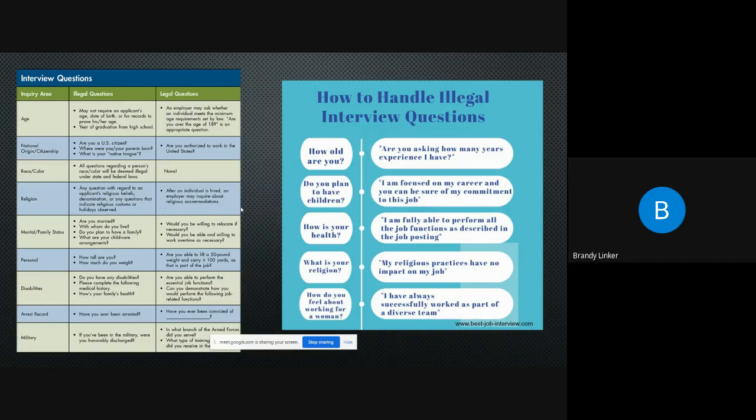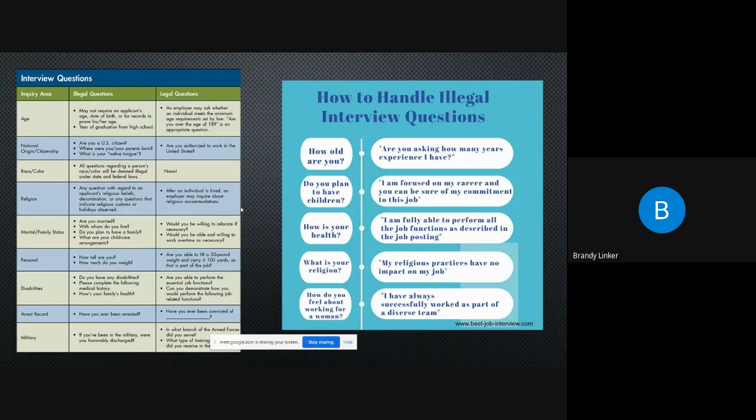You can't ask about disabilities. Now, a lot of applications will have a disability section where you could voluntarily provide disabilities if you have them, and a lot of applications will say, hey, these are the physical job requirements. Can you meet these? Okay, but you can't directly ask if they have a disability. Arrest record, you cannot ask about that. Okay.